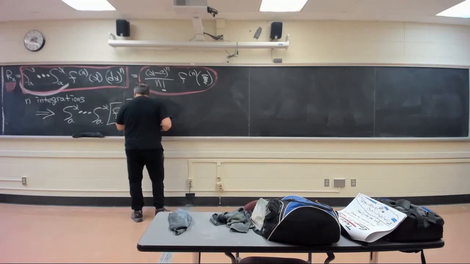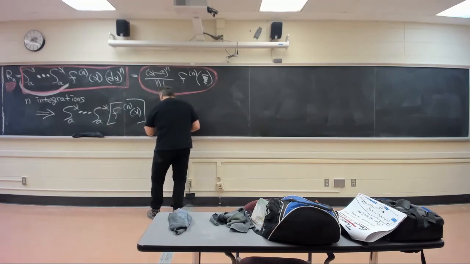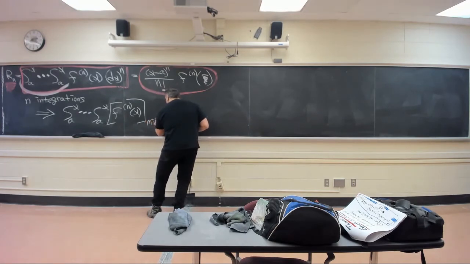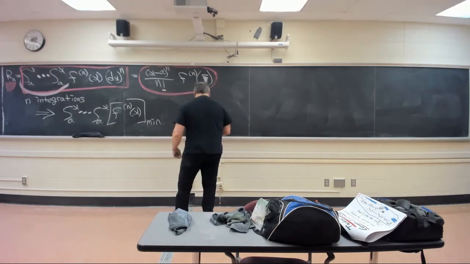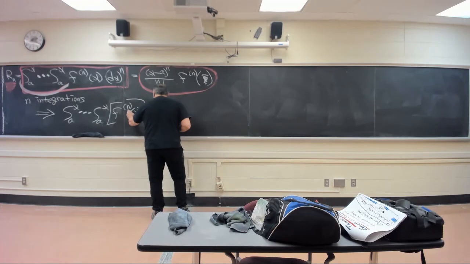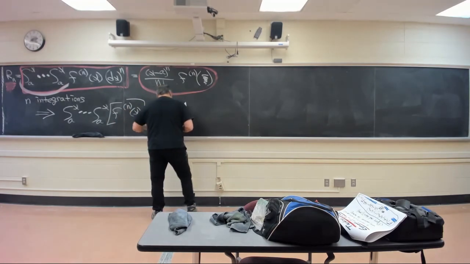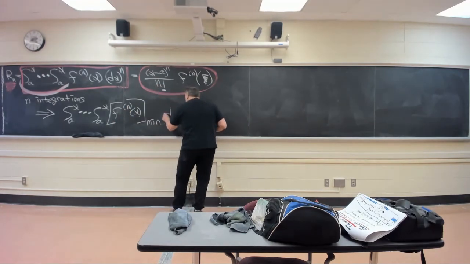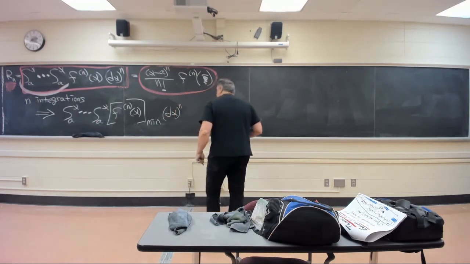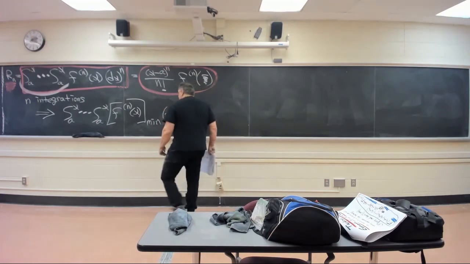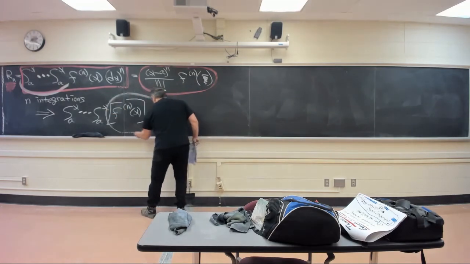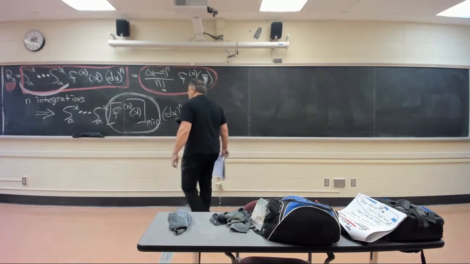The nth derivative of f at x, there is somewhere a minimum value for that function. If it's a minimum, it's a constant. It's some constant minimum.